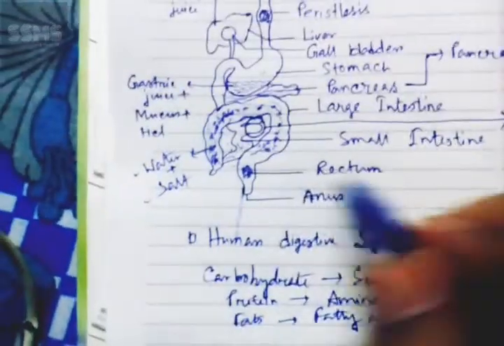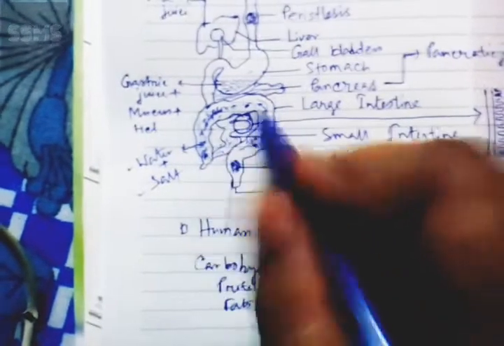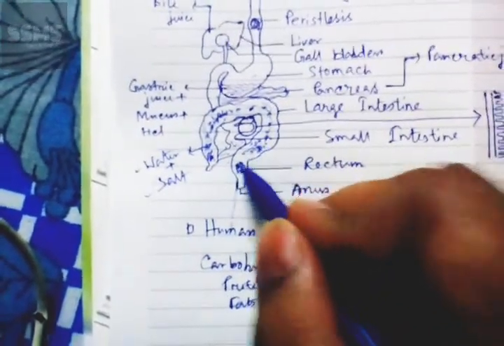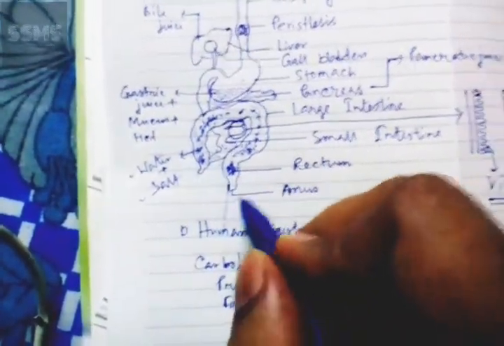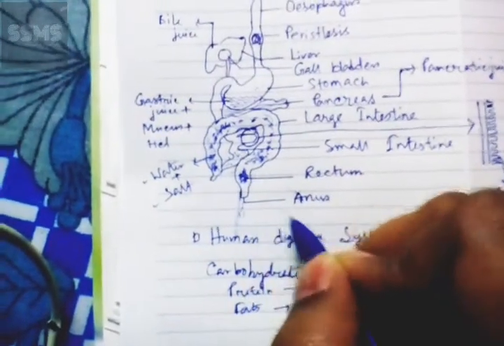This is the rectum where the unwanted food particles assemble together, and after that as excreta they move down through the anus.